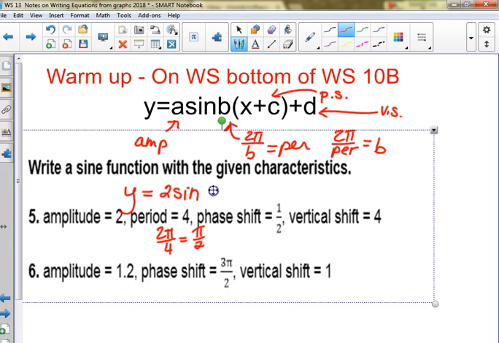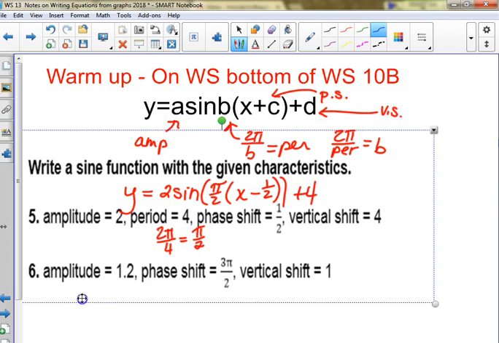Pi over 2 or 2 pi over 4, but I would prefer you reduced it. And then x or theta or whatever you want. Phase shift to the right 1/2 would be minus 1/2. I'm going to go with that's to the right. And vertical shift up 4 would be plus 4.